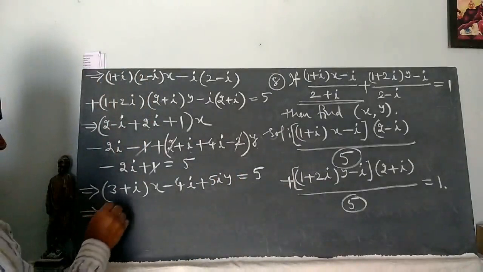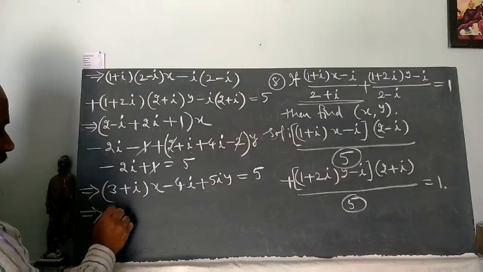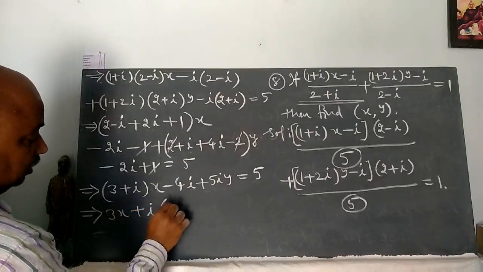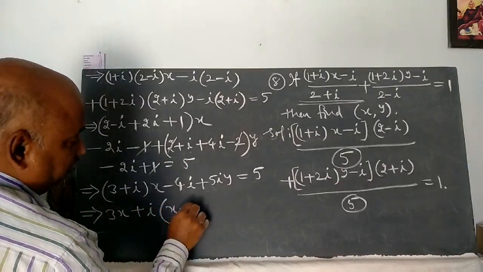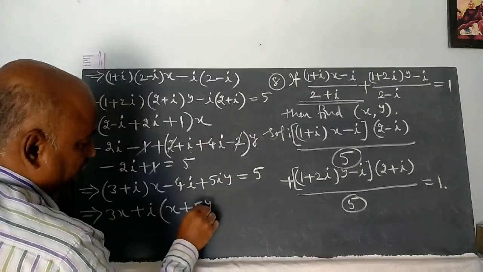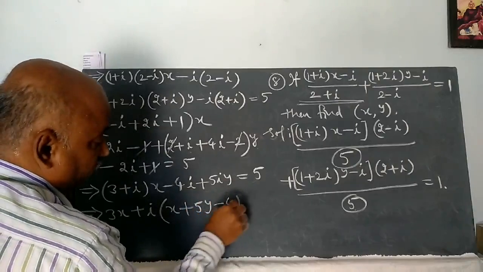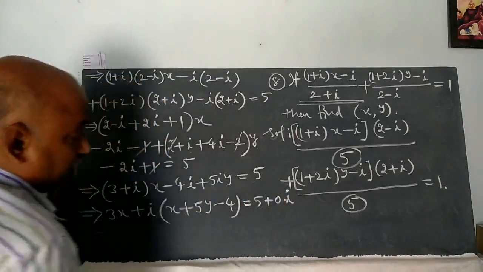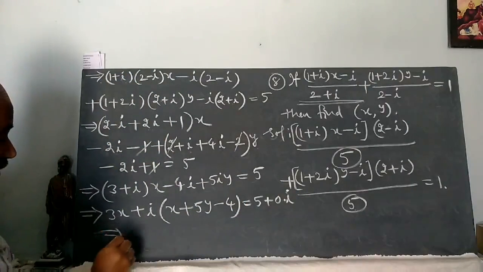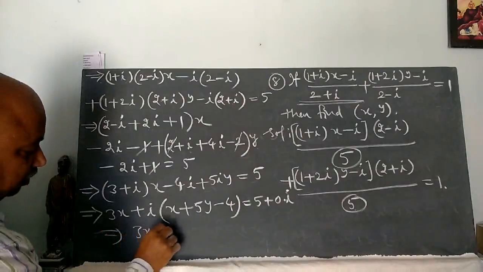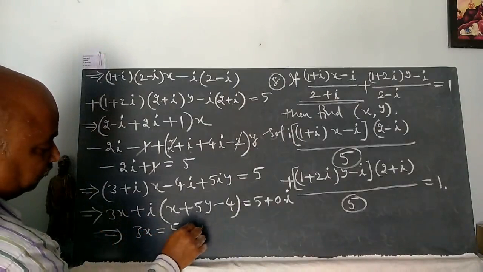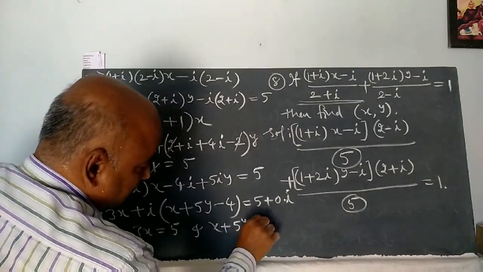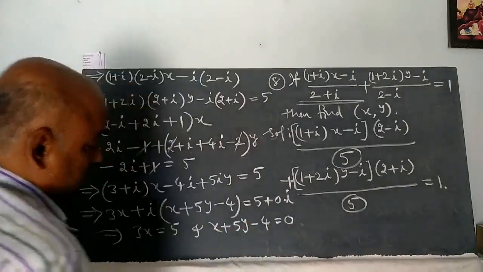So this implies 3x plus i is common, (x + 5y − 4) is equal to 5 plus 0 into i. So this implies 3x is equal to 5 and x + 5y − 4 is equal to 0.